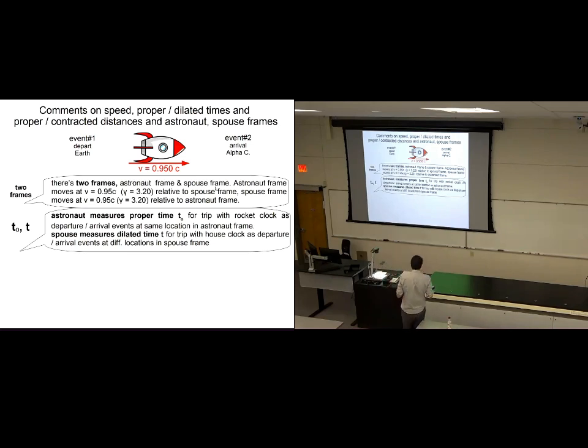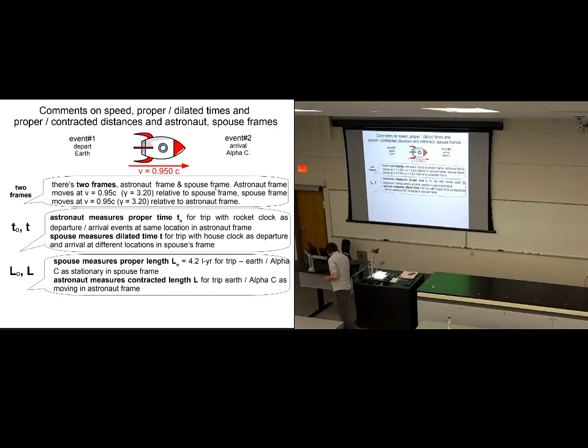They measure the proper time. I'm going to record the dilated time. On the other hand, I measure the proper distance between the two locations. So it's in my reference frame as the spouse left at home.